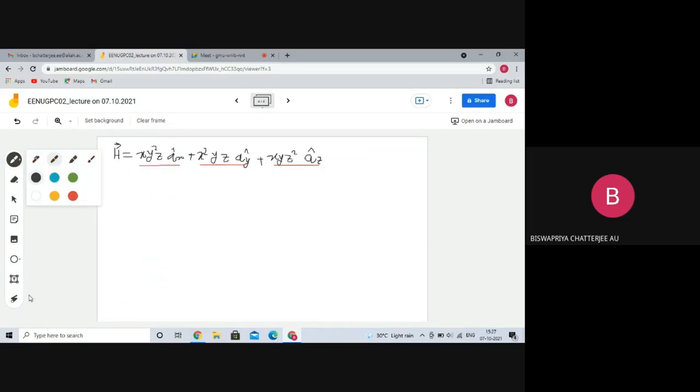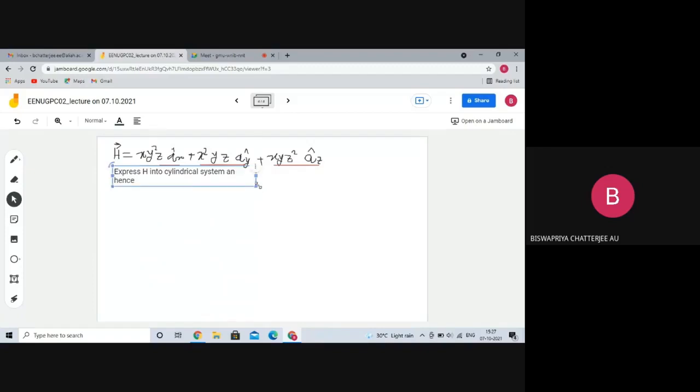First, express H into cylindrical system, and hence evaluate H at 2, 45 degree, 5.